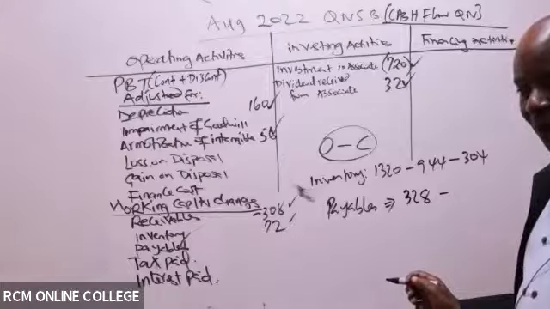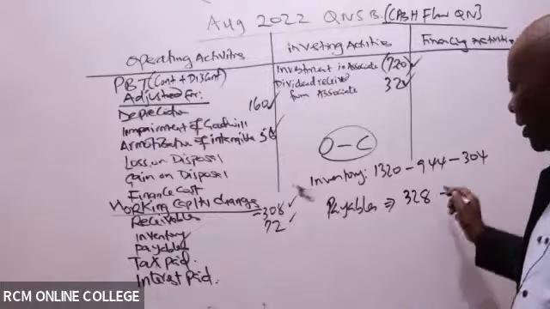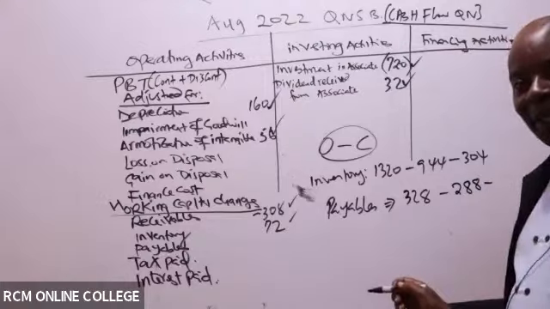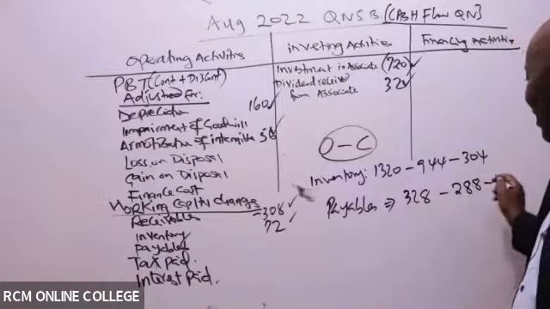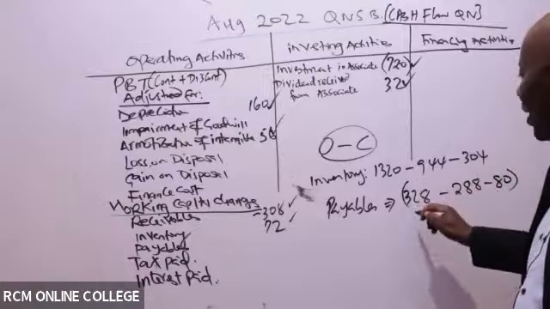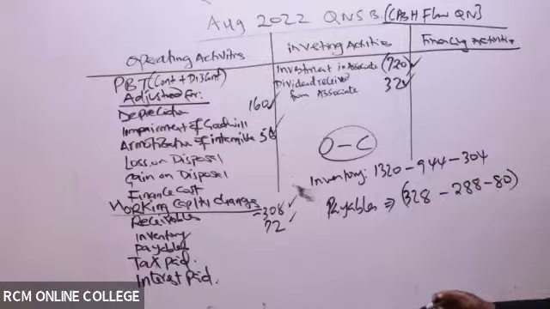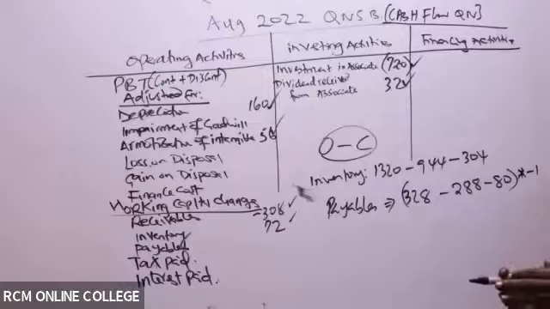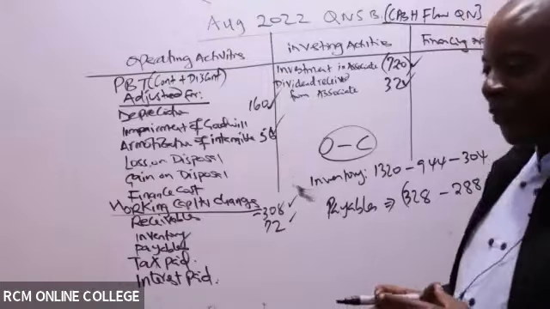What is the closing payable? 288. The one disposed left with all its payables, a payable of 80. Now remember, because this is a liability, whenever you're doing this approach, any liability, you must always change the sign by multiplying with -1.